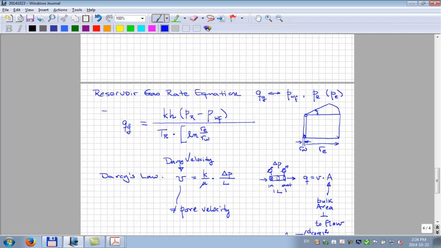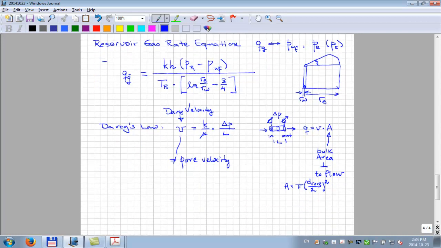And then you've got a term here, minus 3/4. It's not quite right, but it's getting close. Okay? I'm just going to write it this way to begin with.